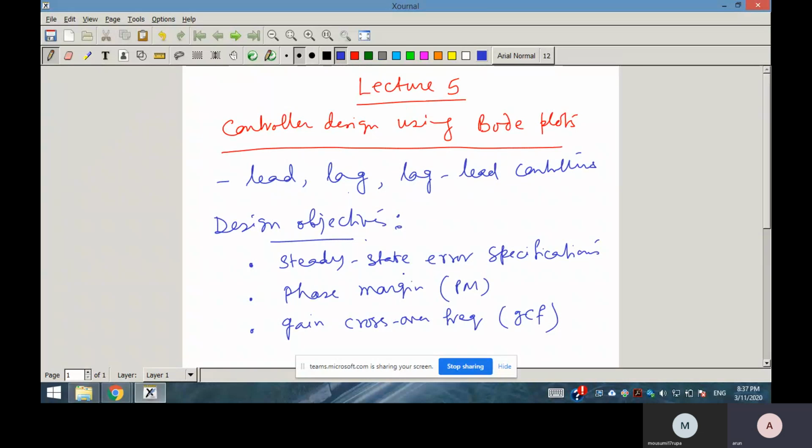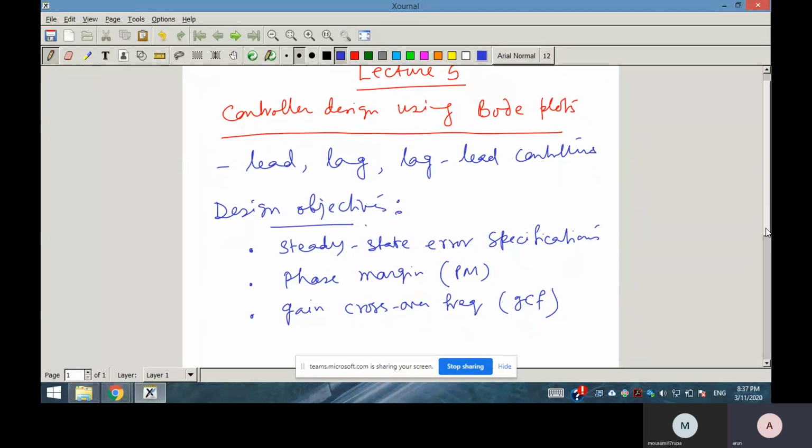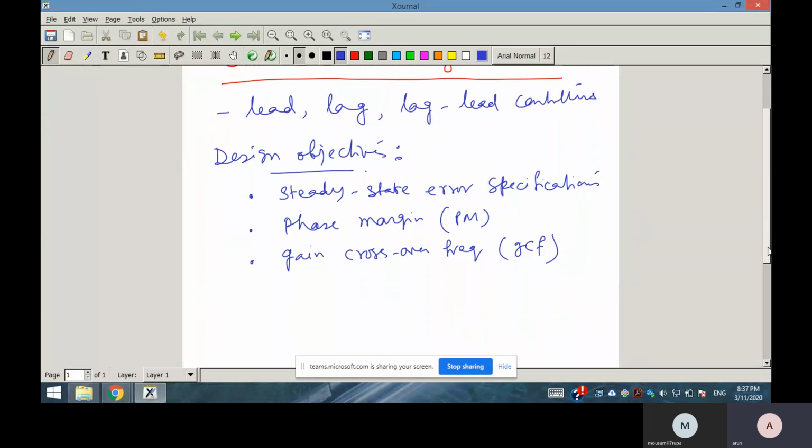Steady state error specification means some steady state constraints we have to meet: position error constant, velocity error constant, acceleration error constant. That means Kp, Kv, Ka, like that. Phase margin also we have to meet at some gain cross-over frequency. As you know, phase margin is related to damping ratio of the system.